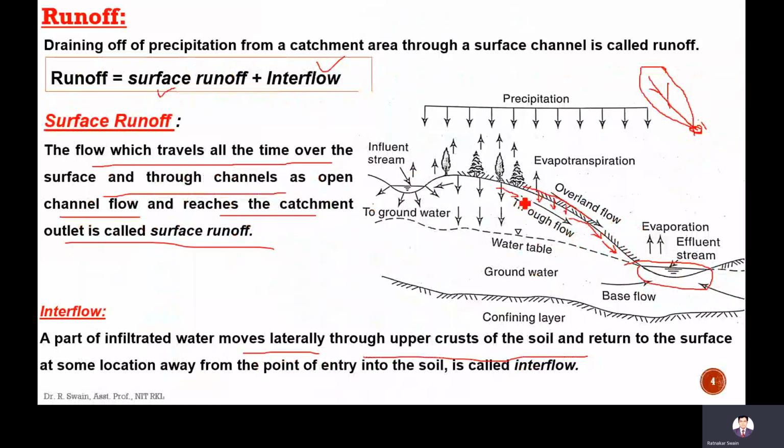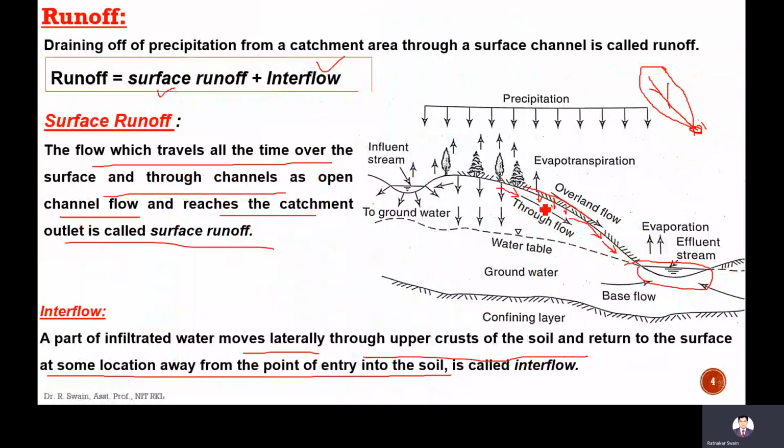After infiltration, this upper layer water moves inside the soil towards the stream and returns to the surface at some location away from the point of entry into the soil.